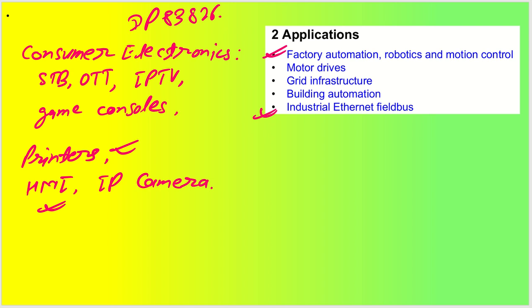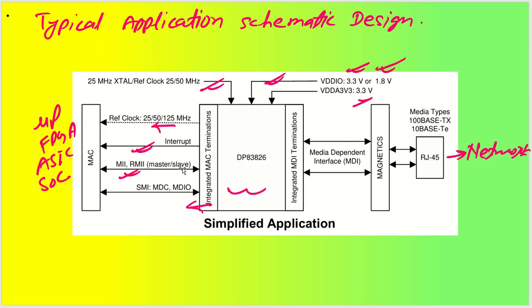So let us try to understand how Ethernet PHY is actually connected. As I already mentioned in the beginning, this is the Ethernet PHY IC in the middle, and that has integrated MAC terminations, and this will be connected to the MAC, like an FPGA or something like that. This will have a master or slave configuration that we will talk about later, but it can be connected through MII and RMII.